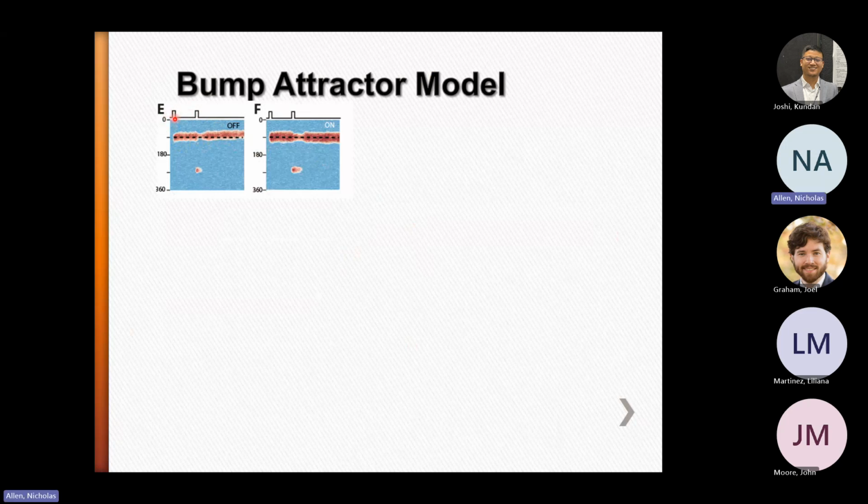The neurons that are active form a bump of activity.